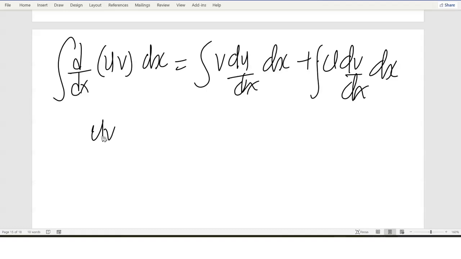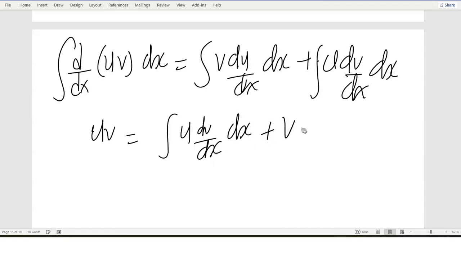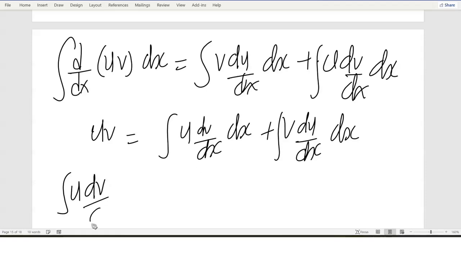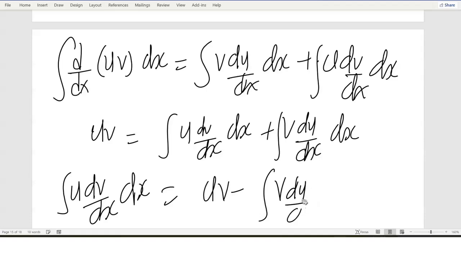So I come back to uv, and this is equal to integrating u dv dx with respect to x plus integrating v du dx with respect to x. So always, integrating u dv dx with respect to x will equal uv minus the integral of v du dx with respect to x.